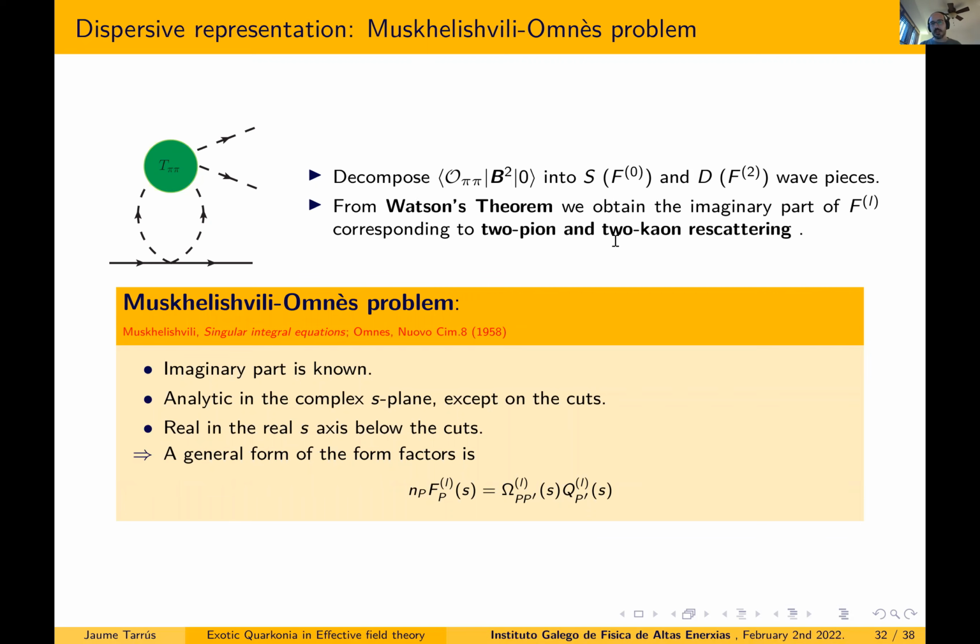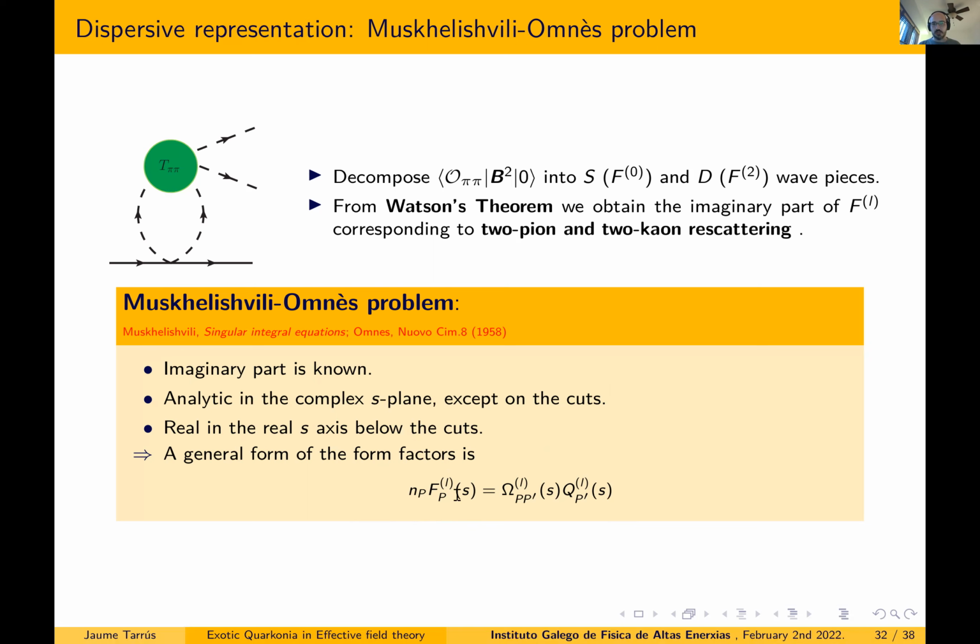The imaginary parts are obtained from Watson's theorem, assuming that the only source of imaginary part is the two pion and two kaon rescattering. The reconstruction of these functions from the imaginary part is the Muskhelishvili-Omnes problem, which tells you that if you know the imaginary part, and with two extra assumptions on the analytical structure of the form factor, the general form of the form factor is given by this expression here.